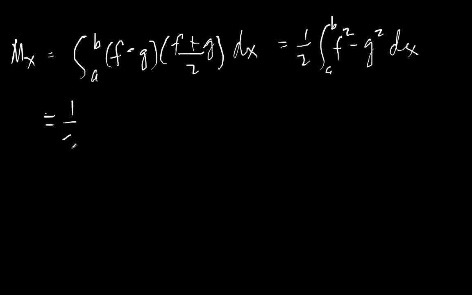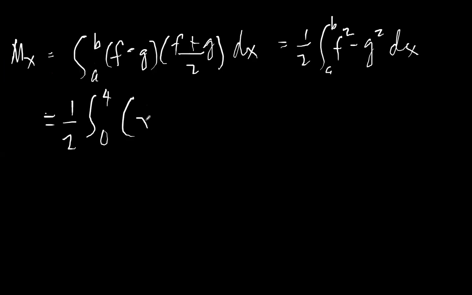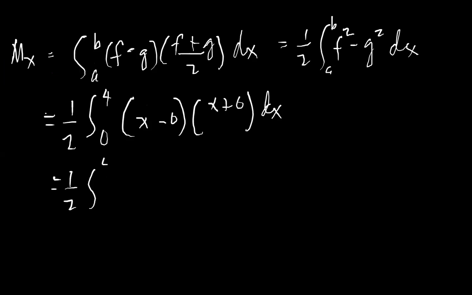So this becomes 1/2 the integral from 0 to 4. Our f is the upper and our g is the lower, so that's x minus 0 times x plus 0 dx. So this becomes 1/2 the integral of x squared dx.